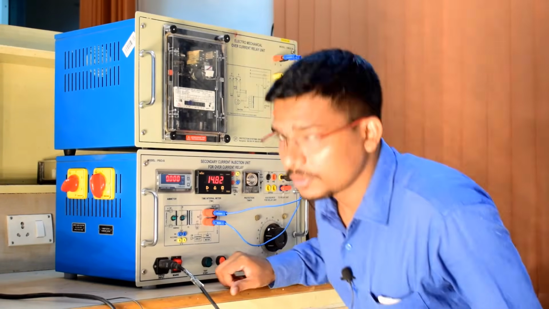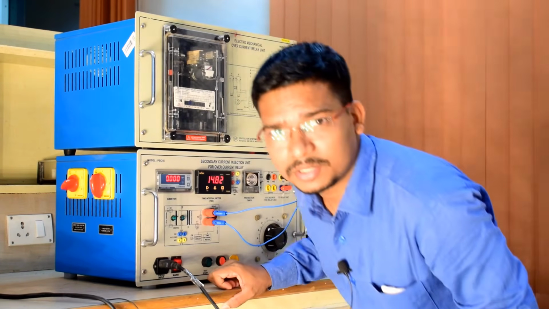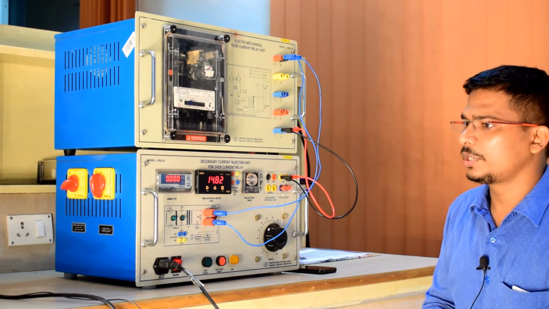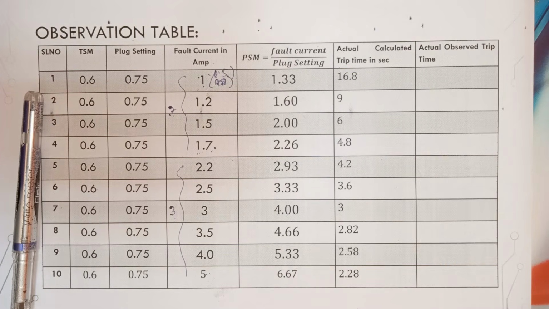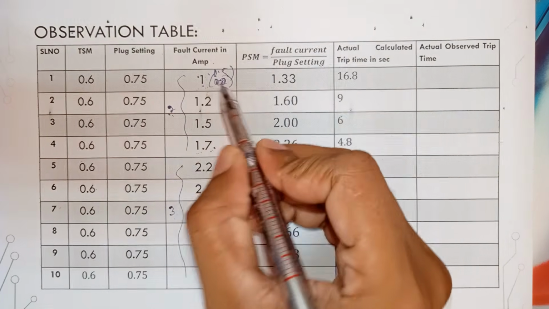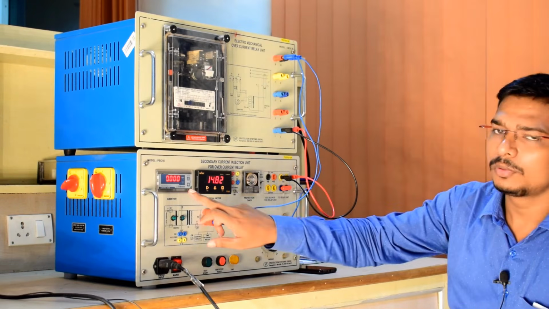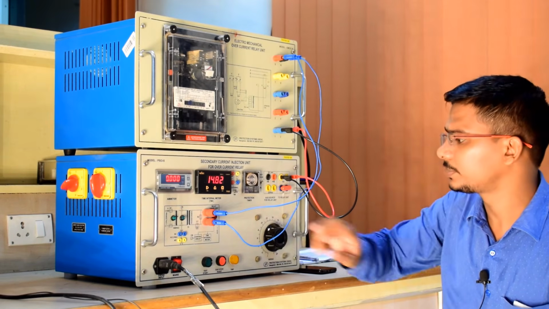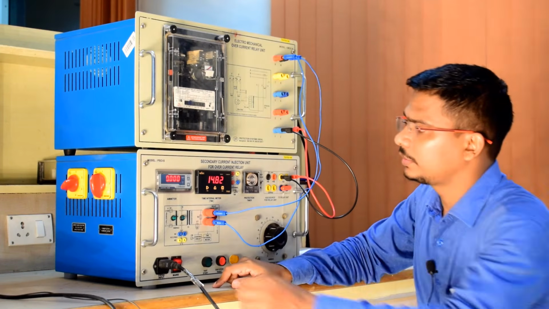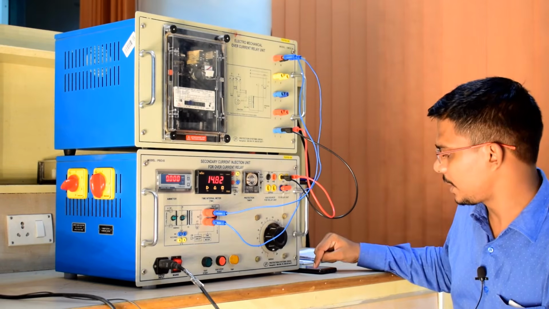Right now, as you can see here, we have set the current selection switch to position 2. To give 1 ampere of current, how much do you have to see? 1 by 2, 0.5. You have to see 0.5 here. Before that, this should be 0 and this switch position should be 1, and we have to press the start button.